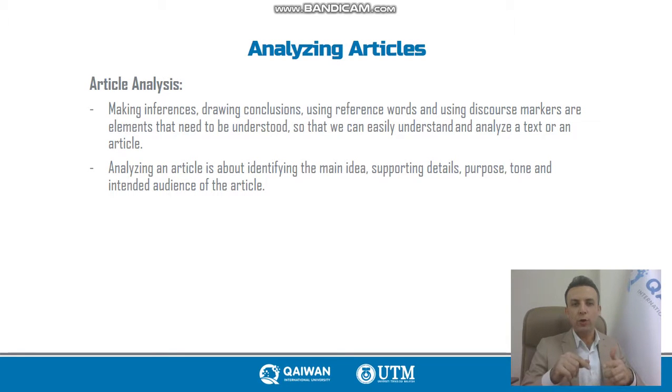It's important to know inferences and conclusions when we are taking a reading test, because there will be some multiple choice questions that are very common in reading. You will be asked to choose the inference that is true based on the article, or, for example, the conclusion that is true based on the article. So these are the things that you need to know about an article.